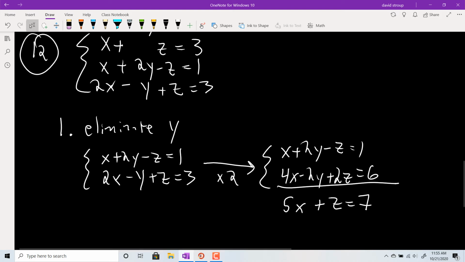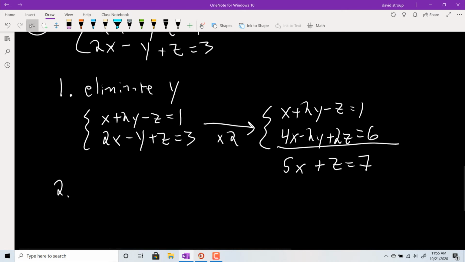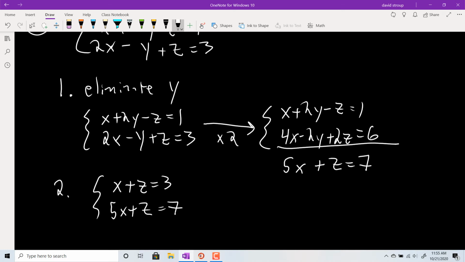Okay, and there is my second equation in terms of x's and z's. So my new system is x plus z equals 3. That was just given from the original system. And then 5x plus z is 7. Okay. And then solve that system.